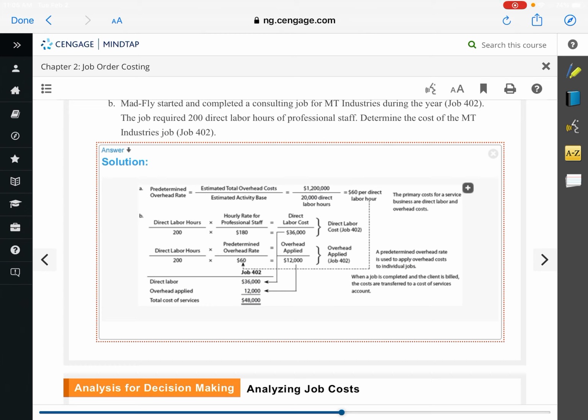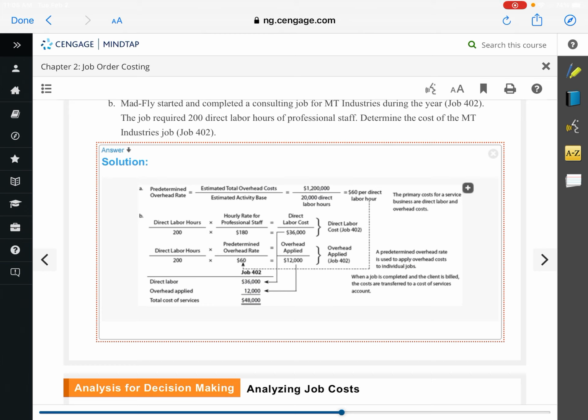What I was looking at right here, these analyzing job cost. So if you look right here, job order cost accounting system accumulates and records product cost by jobs. And then they give us a listing where we look at direct materials. But we're going to look at some problems here in a second, so we'll skip that.